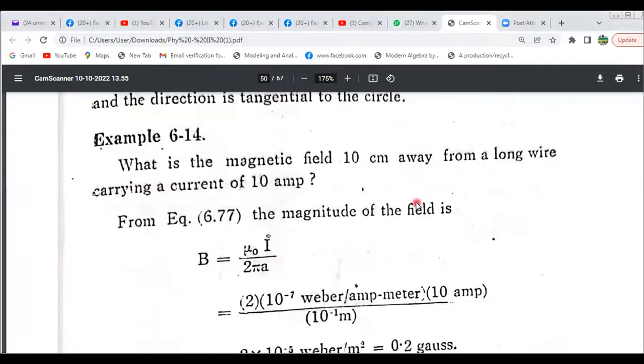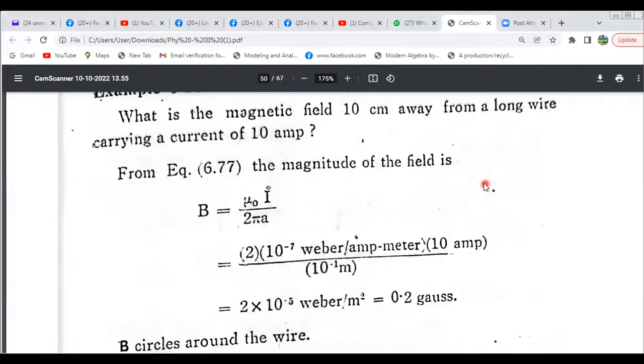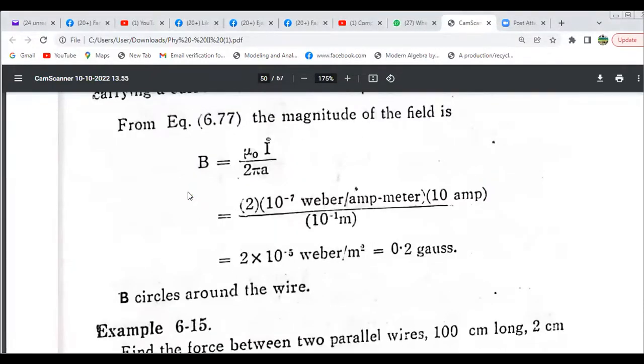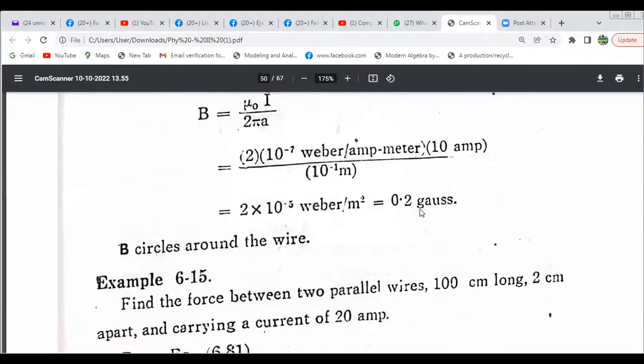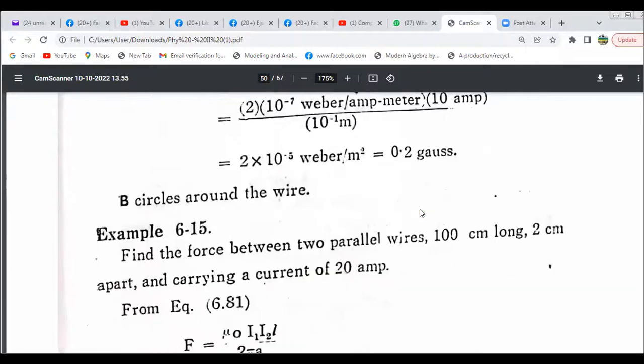We have proved that for a long wire, the magnetic field B equals mu naught I divided by 2 pi a. Just putting I equals 10 ampere, and distance 10 centimeter, we get 0.2 Gauss.